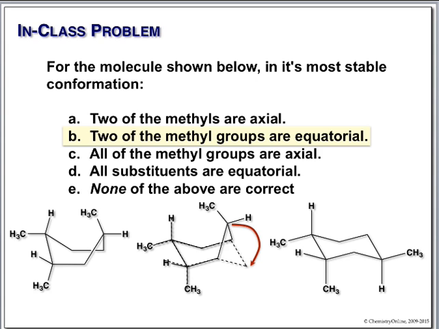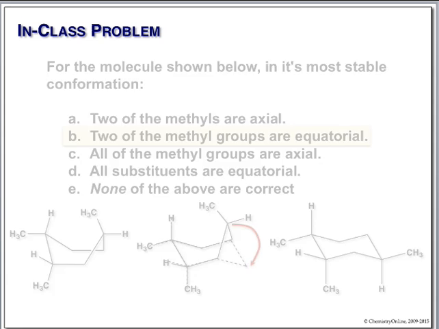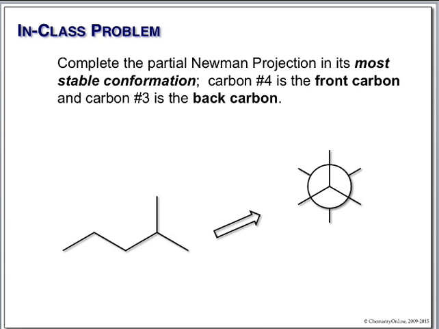All right, this next one is another exercise that we all really despised. We are given a Newman projection, or a molecule and a Newman skeleton, and we're asked to complete the structure on the Newman frame.